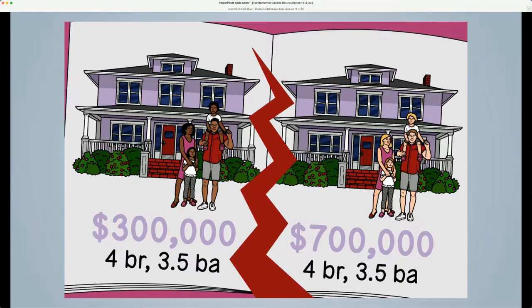Studies show minoritized borrowers were more likely to receive subprime loans even if they had credit scores, incomes, and loan sizes identical or comparable to white borrowers. Higher rates on subprime loans compared with similarly situated white borrowers resulted in higher monthly payments and quicker defaults.